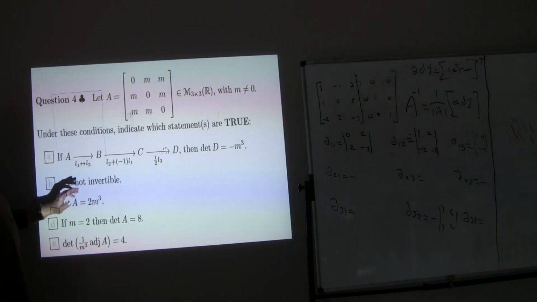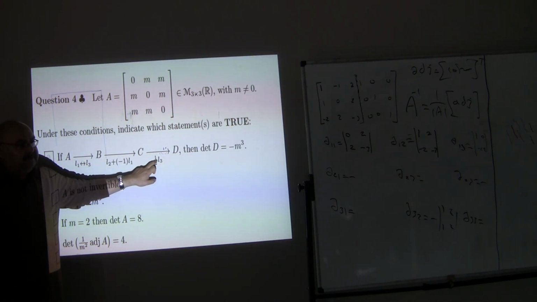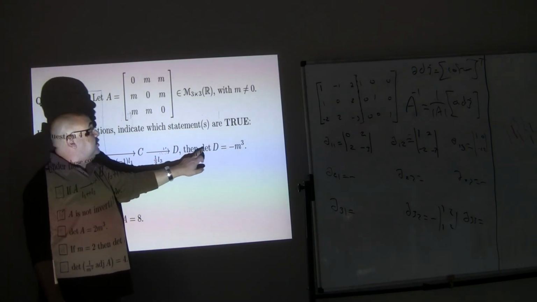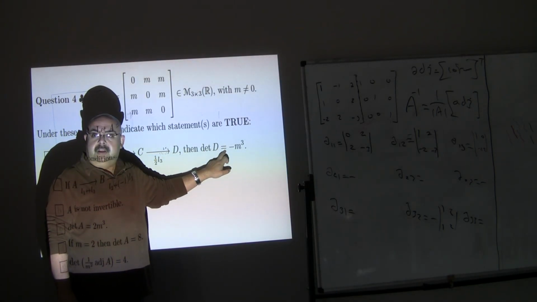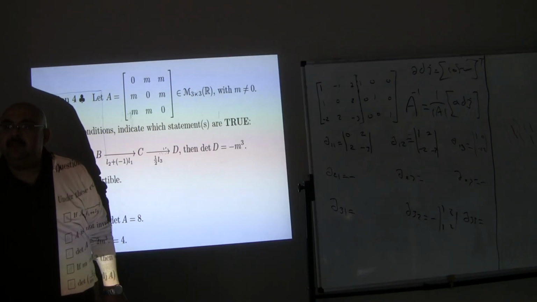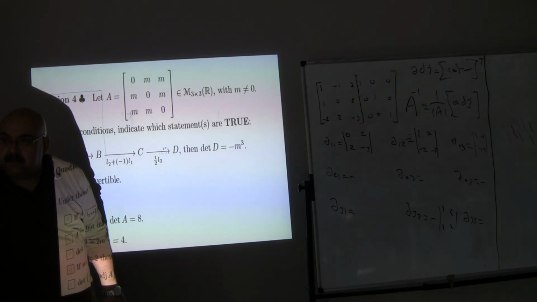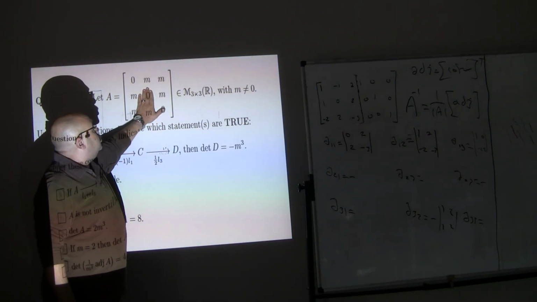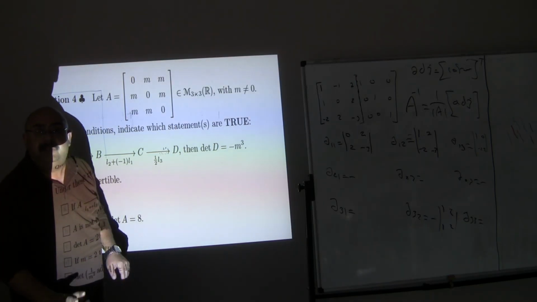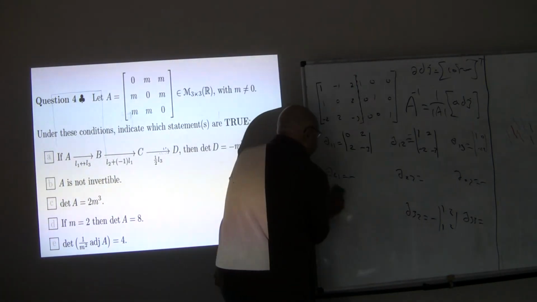So first of all, that's the main matrix, which is matrix A. After doing these steps, the determinant of D should equal negative m³, so first I have to evaluate the value of this determinant. How to get the determinant of this matrix, Farid? صح.